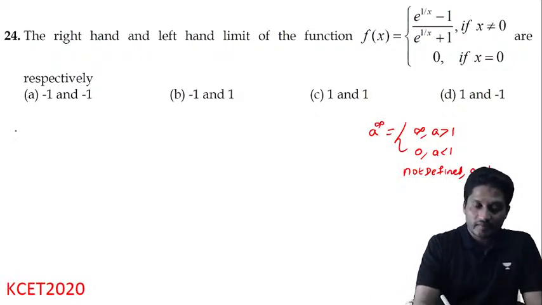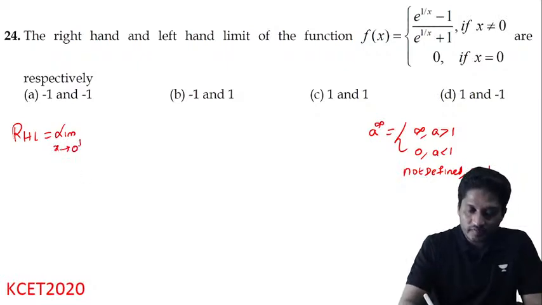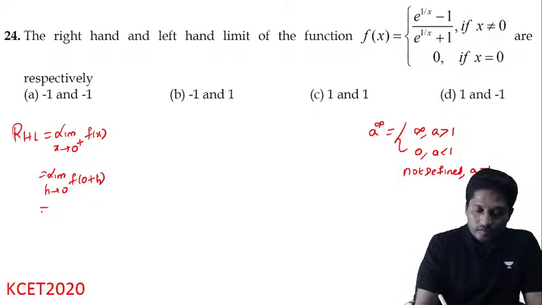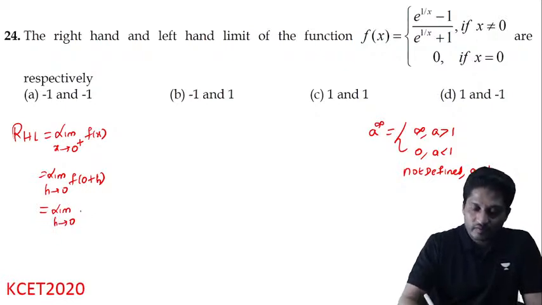Now right hand limit is equal to limit x tending to 0 plus of f of x. That is the same as limit h tends to 0 of f of 0 plus h. So that's equal to limit h tends to 0 of f of h, which is e power 1 by h minus 1 divided by e to the power of 1 by h plus 1.